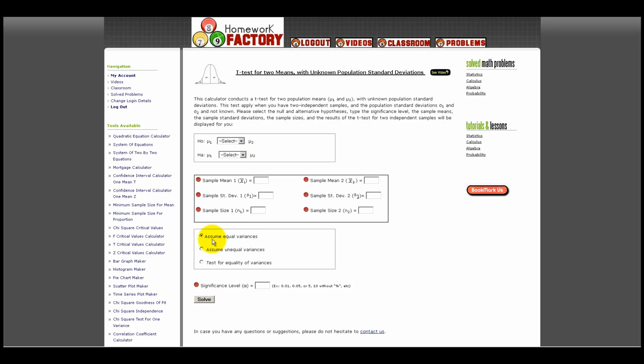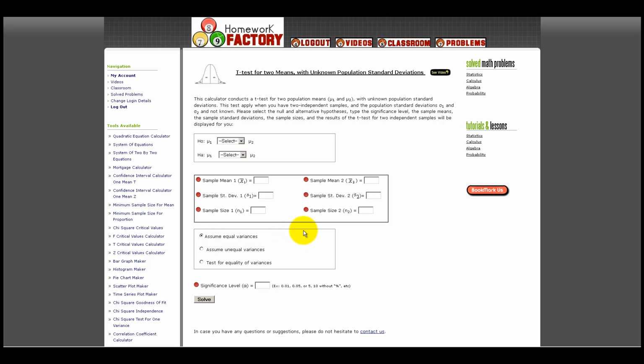You can assume you have equal variances, like it's selected here, or you can assume unequal variances. Or sometimes the problem calls for you to test for the equality of variances, in which case you have to select this. Most typically, you will want to click here, but if nothing is said, you will want to assume this.